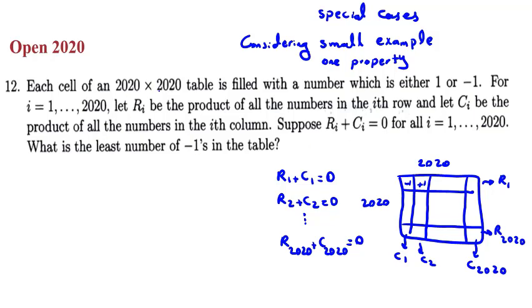So here 2020, because it is even, I consider a small example of even numbers. Here it says what is the least number of -1. So suppose it is R1, it is R2, the products of them, and C1, C2.